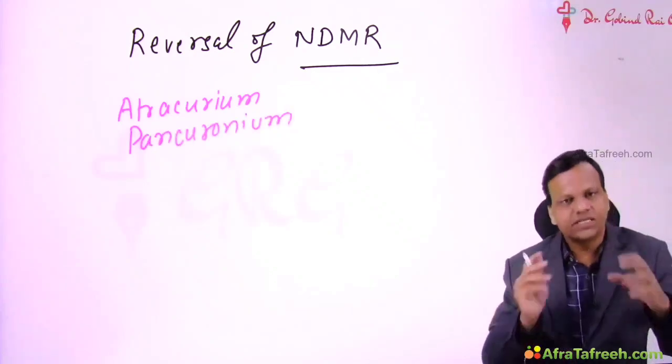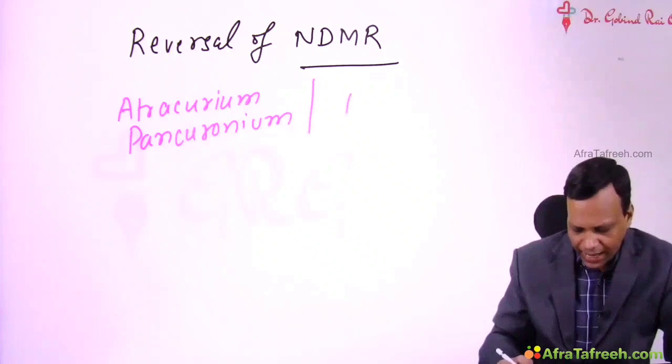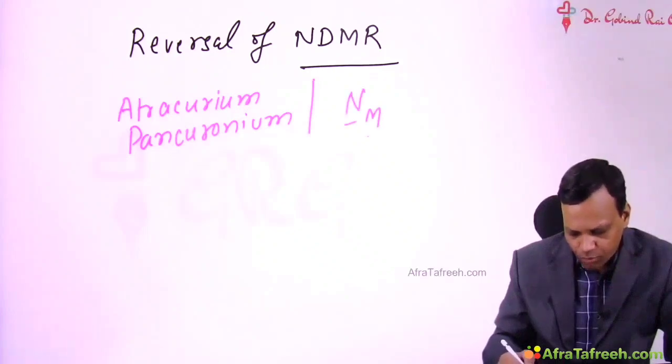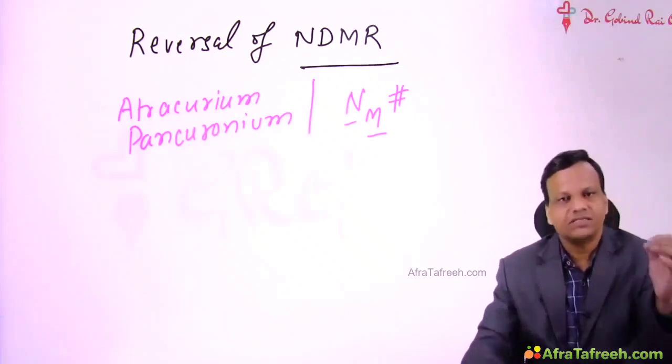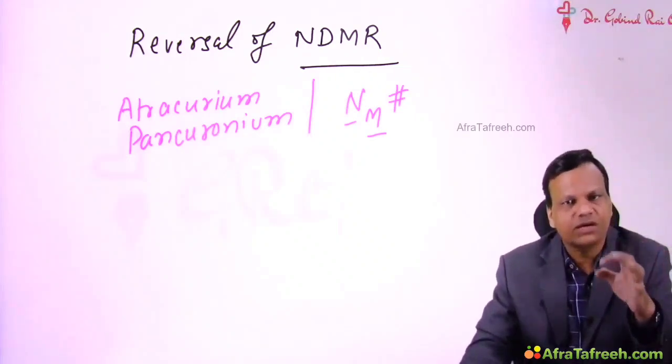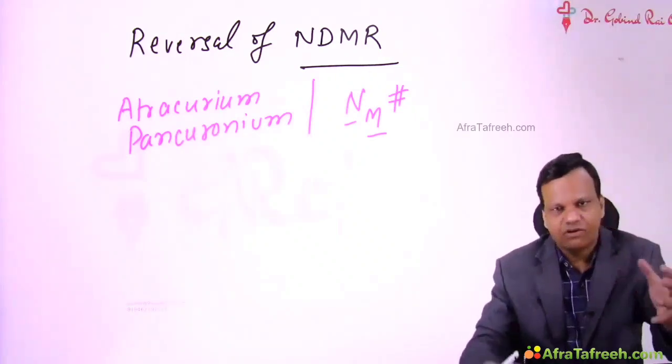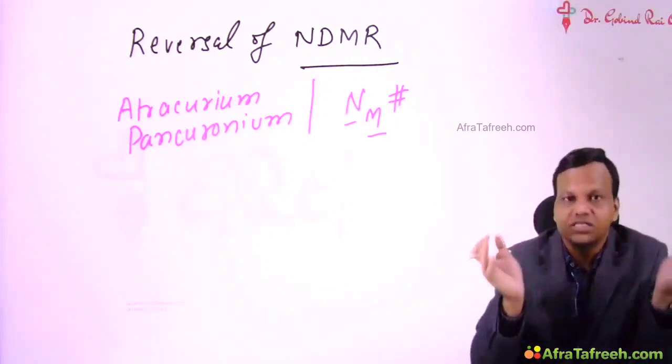What they do is they act by blocking the NM receptors. Remember, on the neuromuscular junction the NM receptor is present. So they block the NM receptors. When NM receptors do not work, the muscles relax. And we know muscle relaxants are used during surgery.